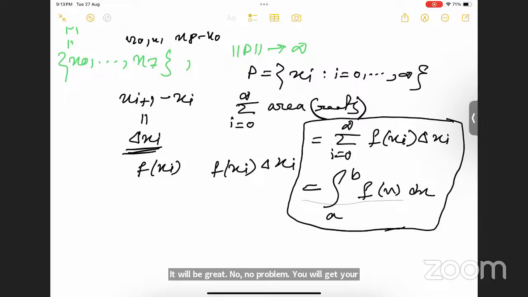If you have any other problem with this Riemann sum, except the mock papers, then you can ask. Ma'am, I'm not getting what kind of question we can expect from this Riemann sum.